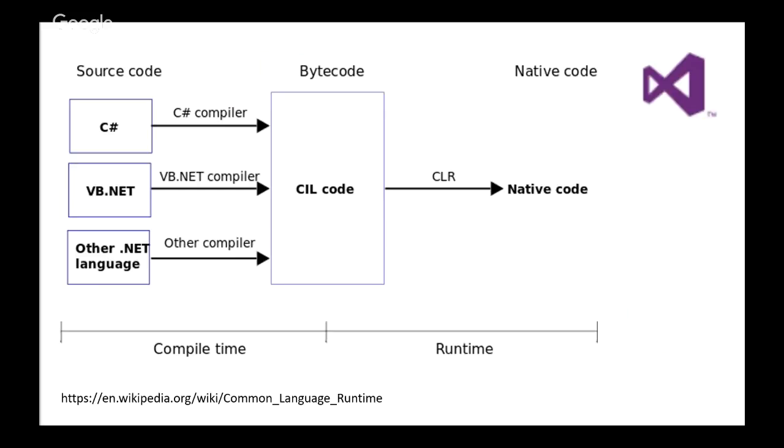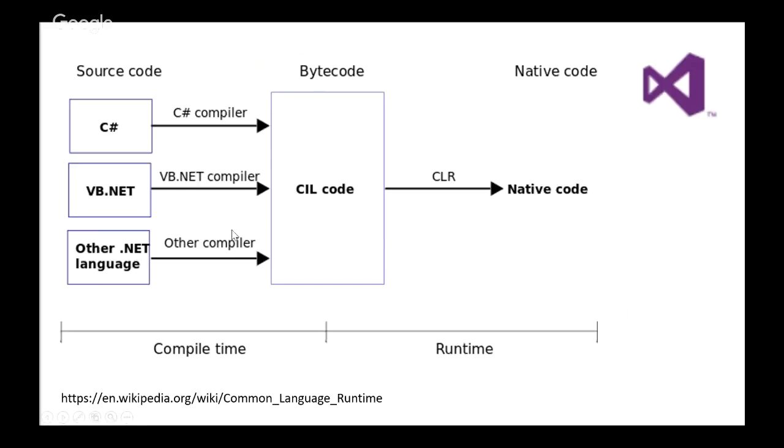On the left-hand side, source code, you can pick any source code: C#, VB.NET, F#, other .NET languages. And if you really want to create one, you can just make up something like Gymboard.NET or J#. Then everybody has its own compiler, C# compiler, VB.NET compiler. They are not compiling to native code, but they are compiling to intermediate language.